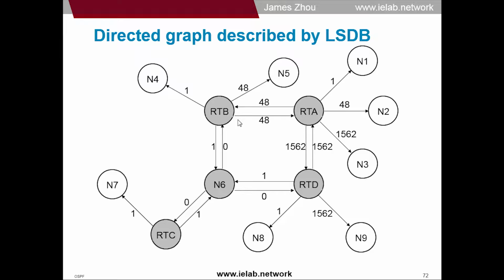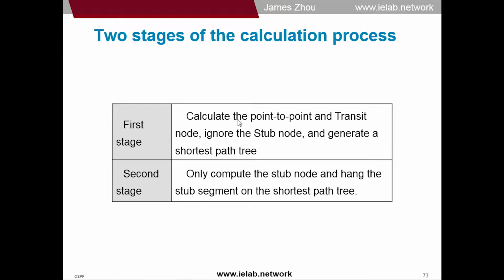The OSPF SPF calculation has two stages. The first stage calculates point-to-point and transit segments. Ignore stub nodes, because a stub node is like a leaf. Point-to-point and transit segments are used to build the tree, the shortest path tree.